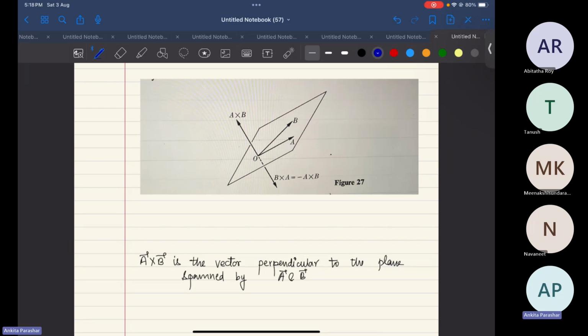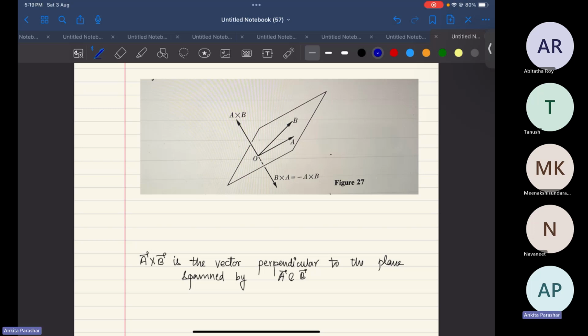So the remaining two fingers you curl from A towards B, and the direction of your thumb will give you the normal direction, which is perpendicular to both the vectors, and not just that, but the plane generated by them. So roughly, you can compute the normal vector through the right hand thumb rule. You just represent your vectors by the first two fingers and then curl the remaining fingers from one vector to the other. The direction of the normal will be given by the thumb.